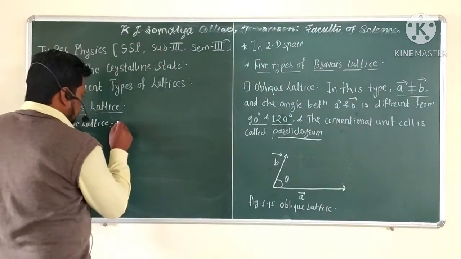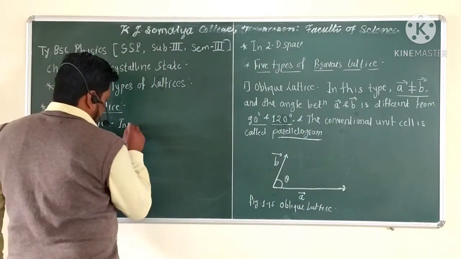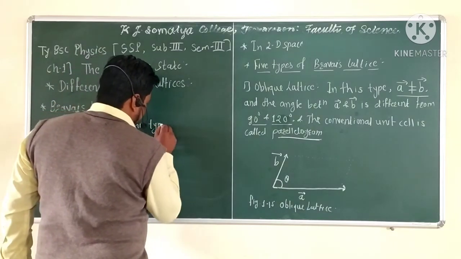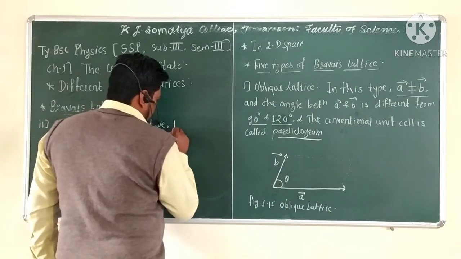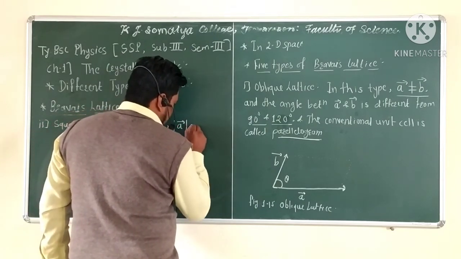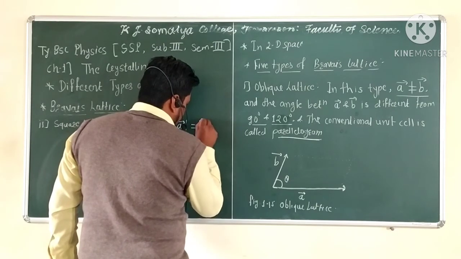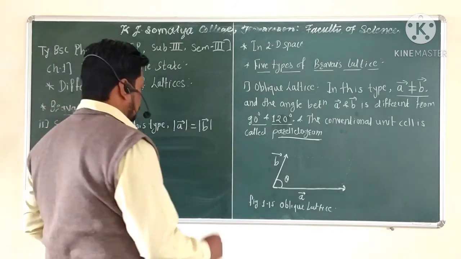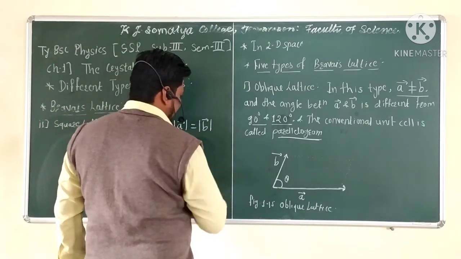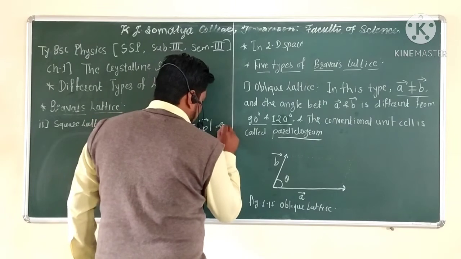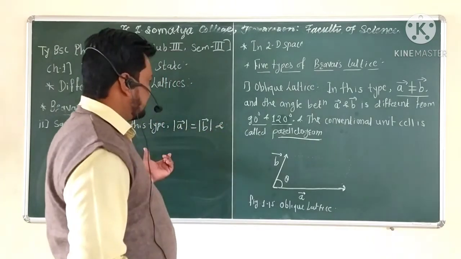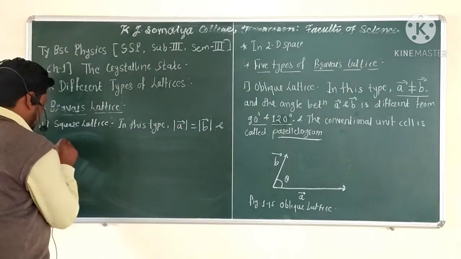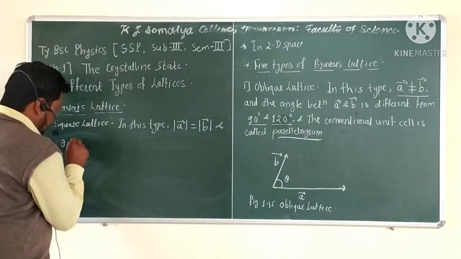So in this type of lattice, mod of A bar is equal to mod of B bar, which means the side or length of both vectors is the same. The next condition is that the angle between A bar and B bar, theta, is equal to pi by 2.